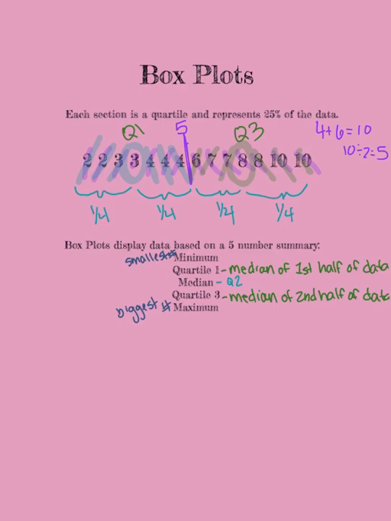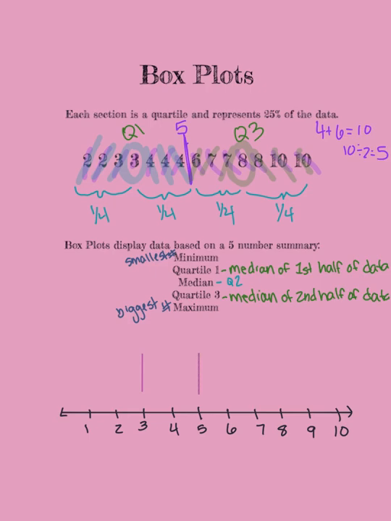So what we're going to do is use this data to make a box plot. Okay, we're going to start with quartile 1, the median, and quartile 3. So quartile 1 in our data was 3. So I'm going to make a line at 3. Now I'm going to make a line at my median, which is at 5. Now I need to make a line at quartile 3, which was 8.